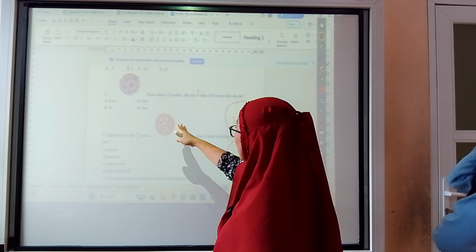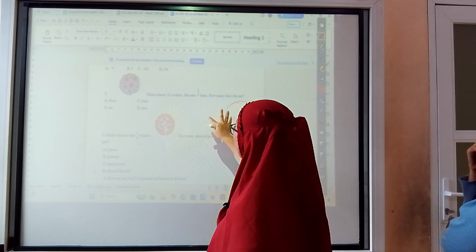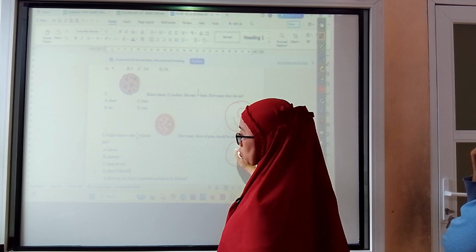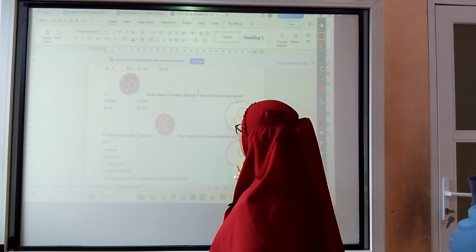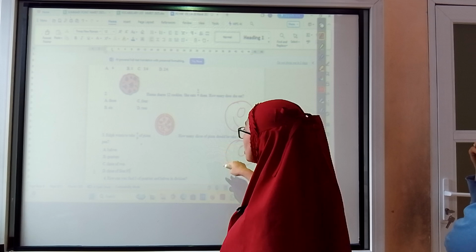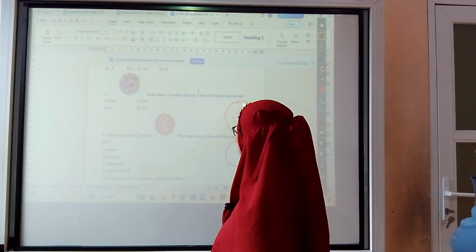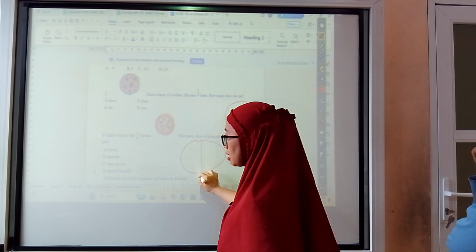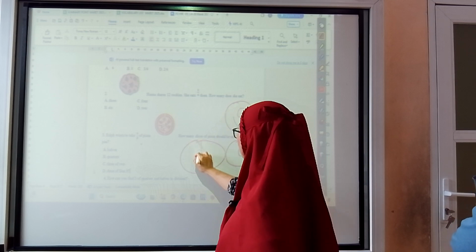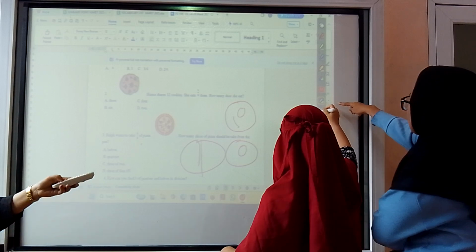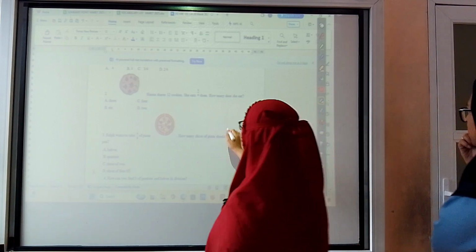Okay, so one whole pizza and then I divide it into 2. So this is 1 and 2. It means the pizza he will take is a half, because one whole pizza, split like this, becomes this.